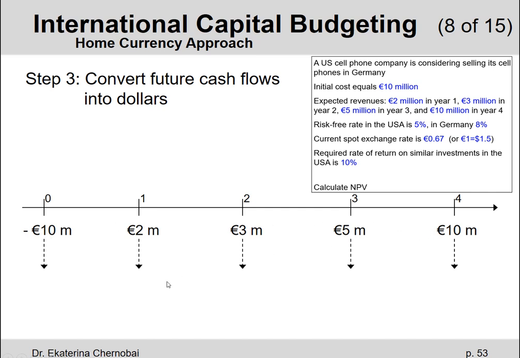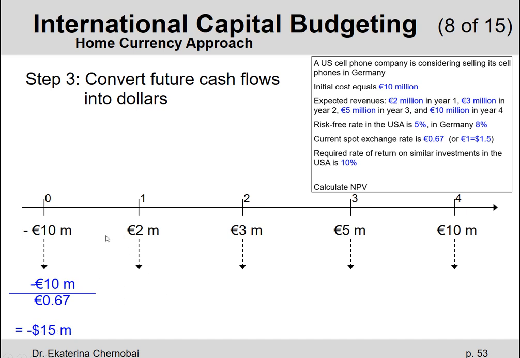We convert them into dollars using the appropriate exchange rate for that year. So for example, to convert the initial investment, 10 million euros, into dollars, we take 10 million euros and divide by 0.67 euros per dollar, which was given as today's exchange rate or the current spot exchange rate. This gives us negative $15 million.